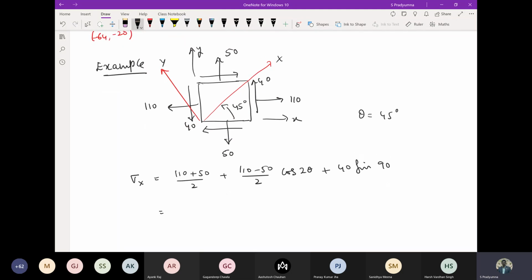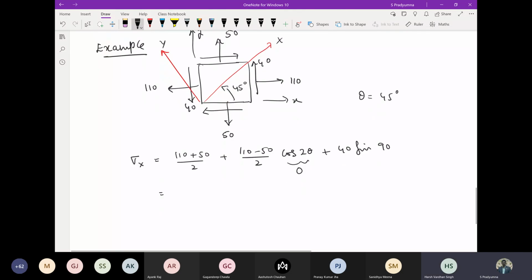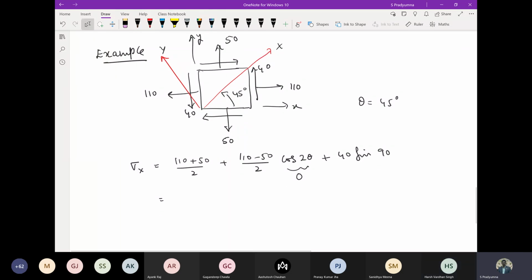This value will be 0 because 2 theta is 90 degrees. Therefore, sigma x is equal to 160 by 2 plus 40. 160 by 2 is 80, and 80 plus 40 is 120 megapascal. Similarly, sigma y is equal to 80 minus 40, that is 40 megapascal.